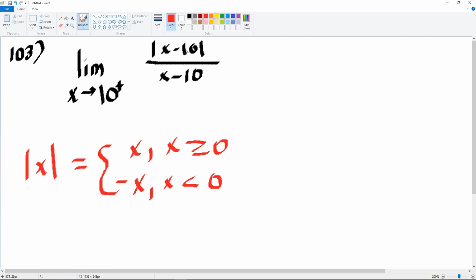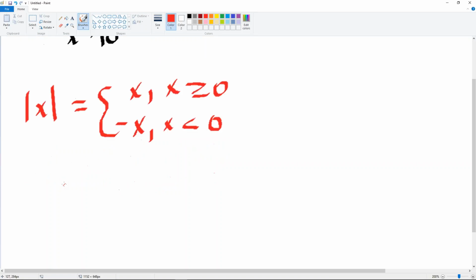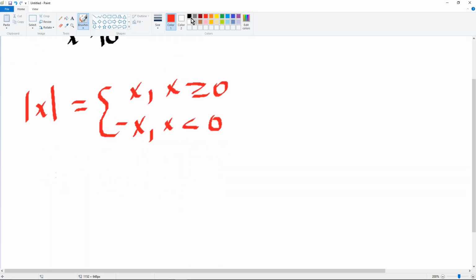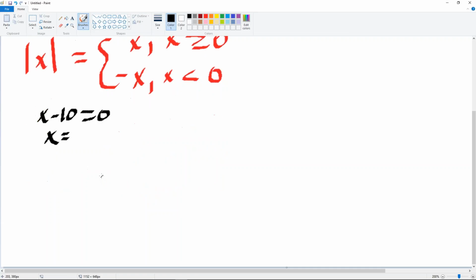So this one's a little bit different because what's in the absolute value is x minus 10. So what you do is take that x minus 10, solve it for x, and you get x equals what? 10.